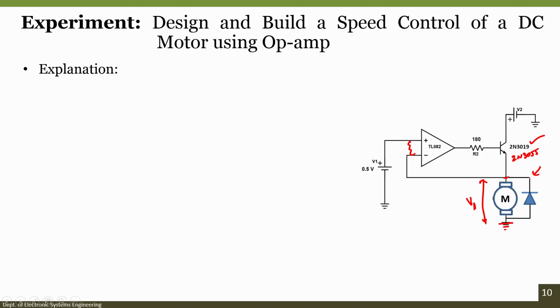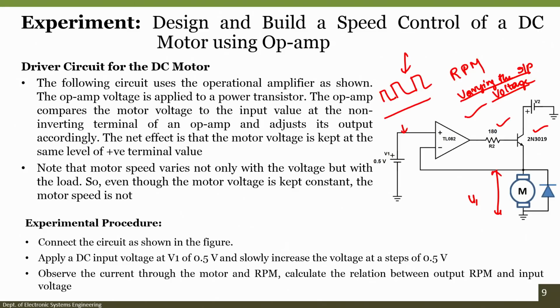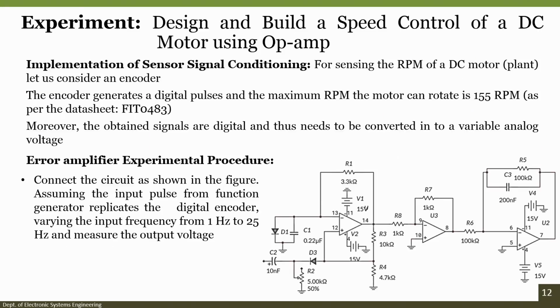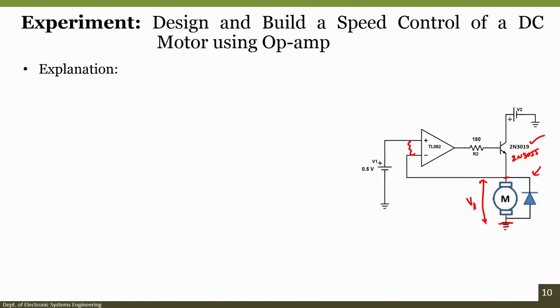One thing is the motor rating. The motor that we are using requires a minimum of say 100 milliamps of current, so the transistor that we select should be able to work for at least 100 milliamps of current. That is one thing.